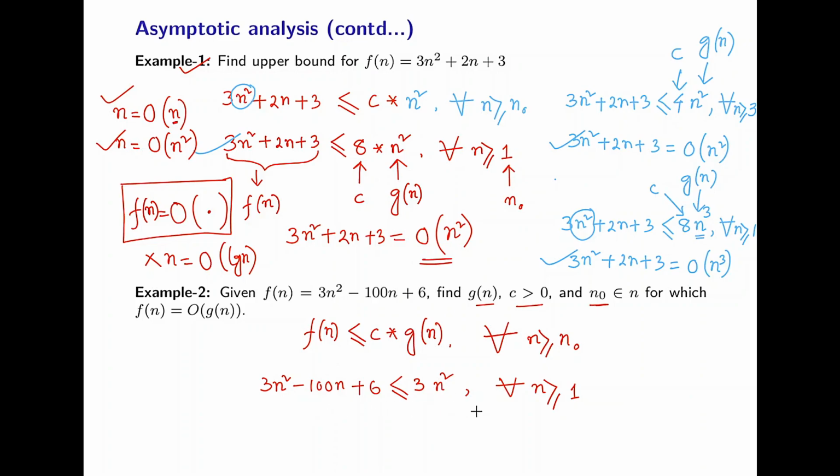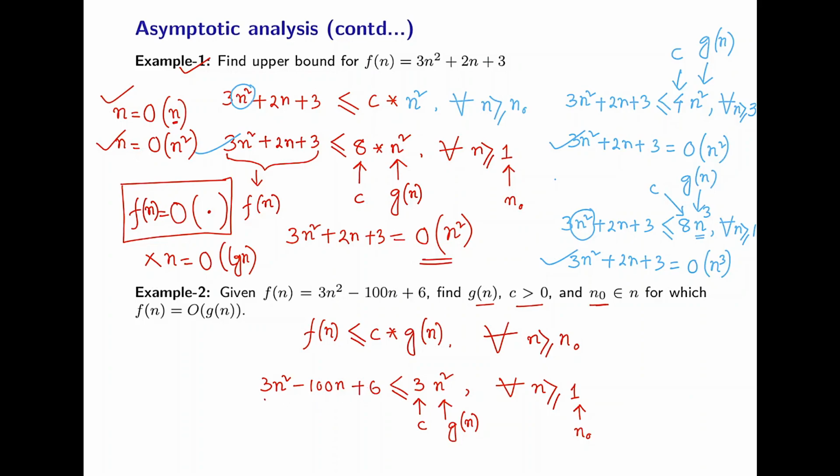So for large values of n, this term will be less or equal than 3n square. So what is the value of c? The value of c is 3. What is g(n)? g(n) is n square. And what is n naught? n naught is 1, because from this point onwards this equation will always be true.